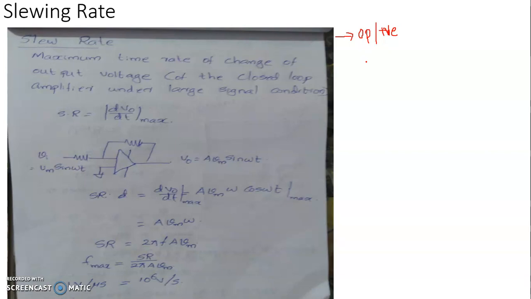If the peak value of output voltage exceeds 10 volt, then that voltage portion will be truncated or clipped, and instead of getting a waveform identical with the input waveform, we will be getting a square wave, a variation from plus V saturation to minus V saturation, and we say that the op-amp is now operated in non-linear region or the op-amp has switched to saturation.